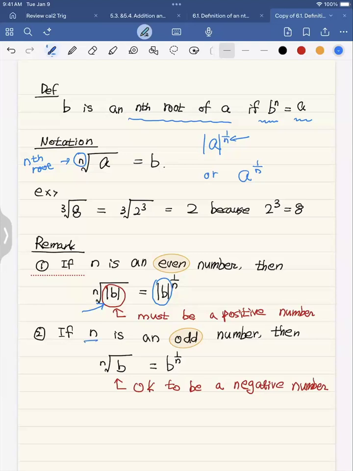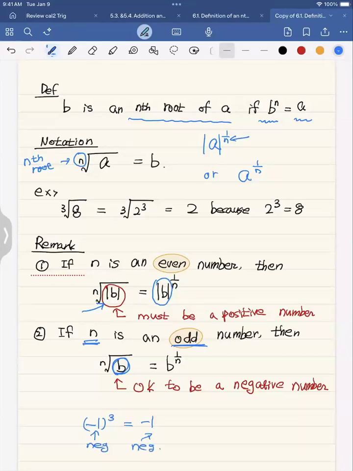But when n is an odd number, it's okay; the radicand can be a negative number. Why? Because minus 1 cubed will be minus 1, so this one is a negative number, and this one is also a negative number.